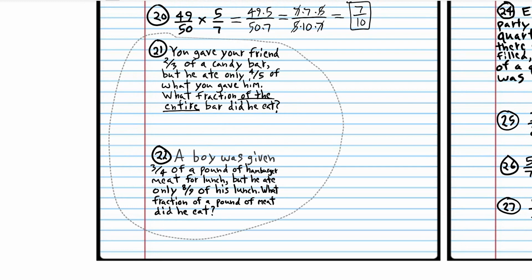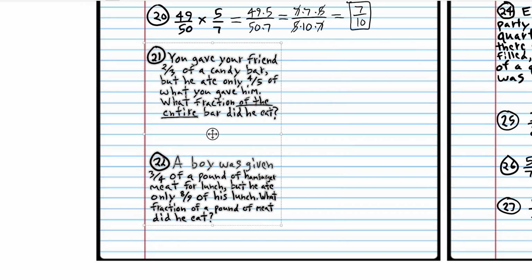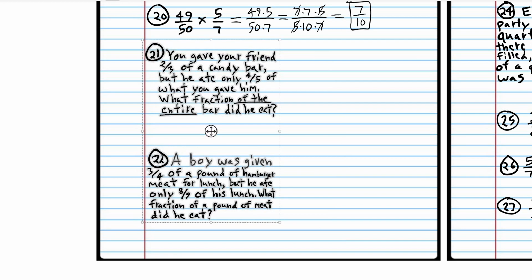So let's see here. Let me move this down a little bit. I realized that wasn't lined up. All right. So you gave your friend 2/3 of a candy bar, but he ate only 4/5 of what you gave him. What fraction of the entire bar did he eat?